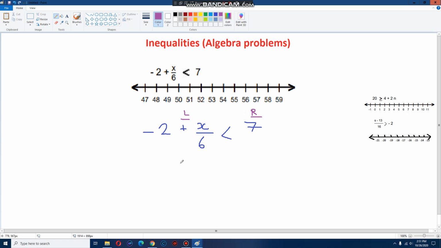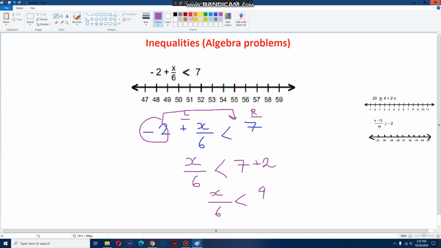So on my left side, I'm going to keep my missing number, which is x over 6. Its family, you've got to keep them together. Less than. And on my right, 7. And minus 2 jumps over and becomes plus 2, which gives x over 6 less than 9. Now, ladies and gentlemen, take a look.